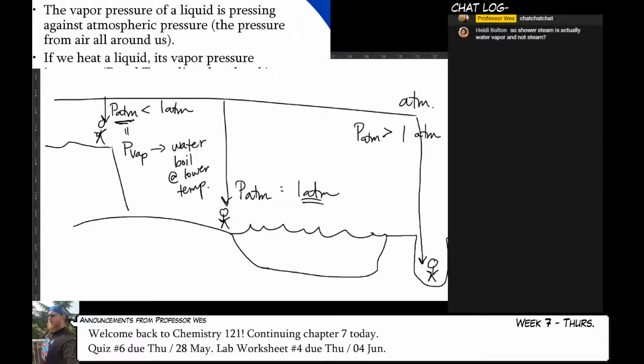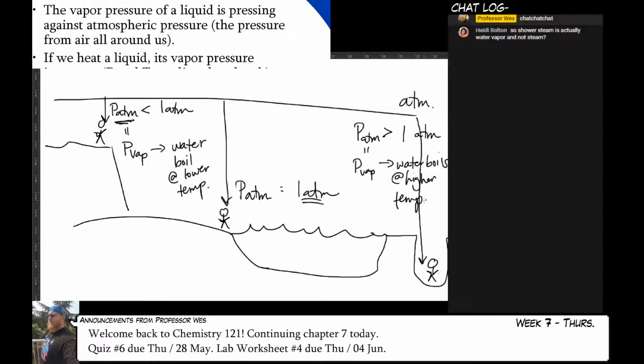If your elevation is below sea level, then the atmospheric pressure is higher than 1 atm, and water still boils when it equals atmospheric pressure. And so it'll boil at a higher temperature if you're at a low elevation below sea level.